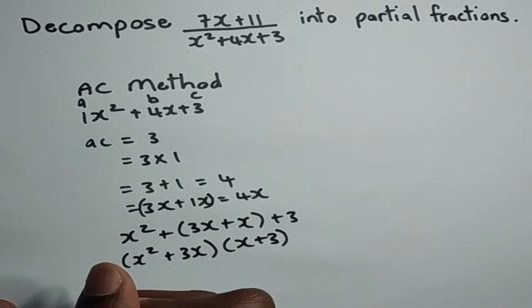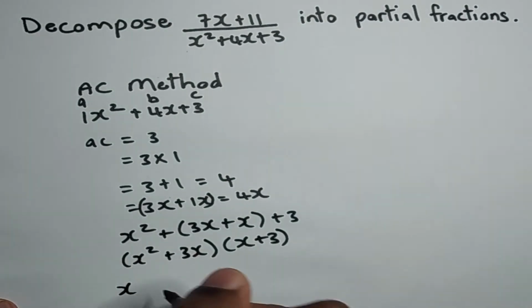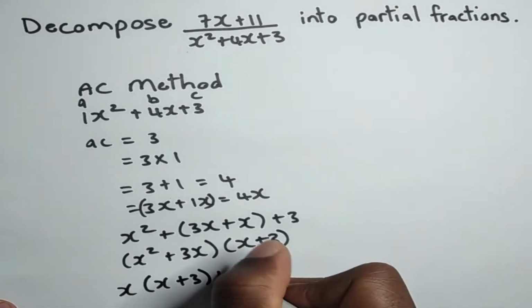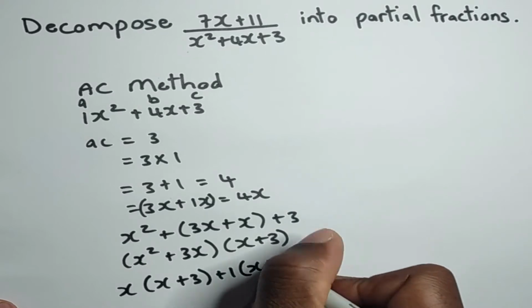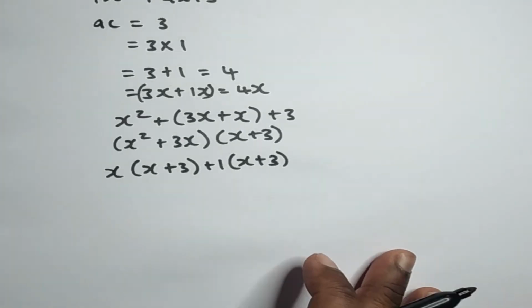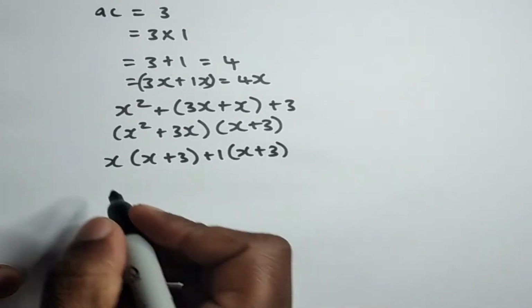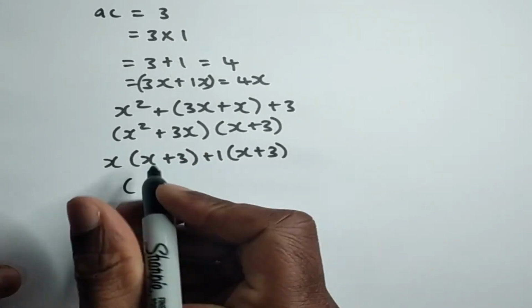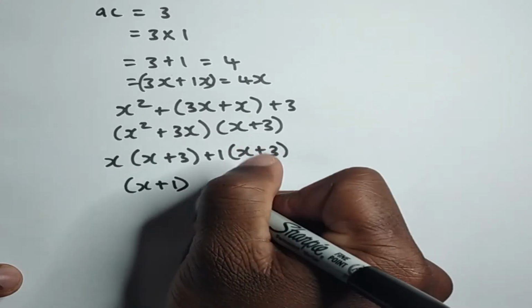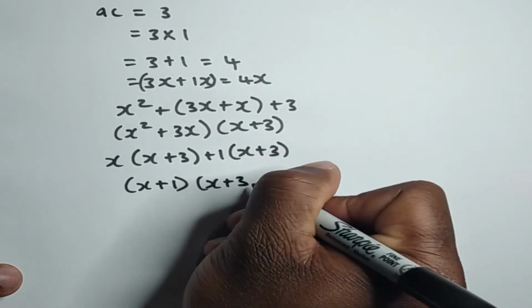Now we can factor out x from the first bracket, and we'll be left with x + 3. We can factor out 1 from the second, and we'll be left with x + 3. So we have common brackets, which is always important to let us know that we're on the right track. Now we put the outside terms in one bracket, x + 1, and the x + 3 in another bracket.